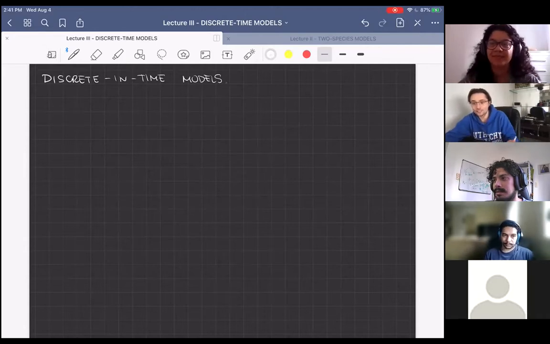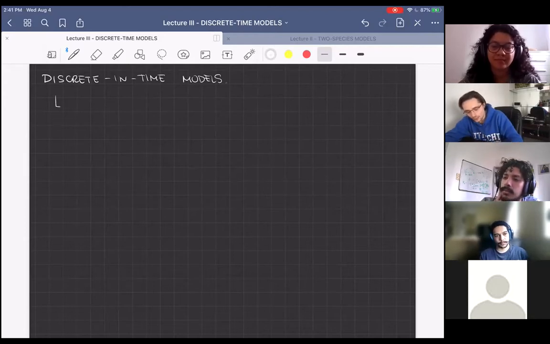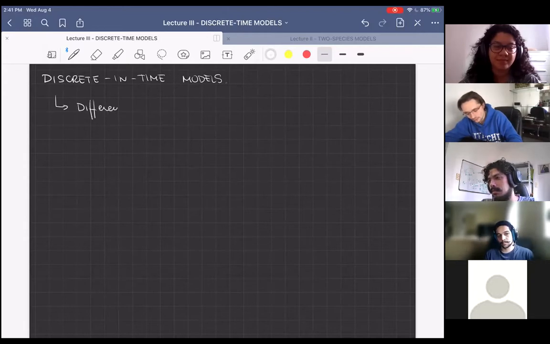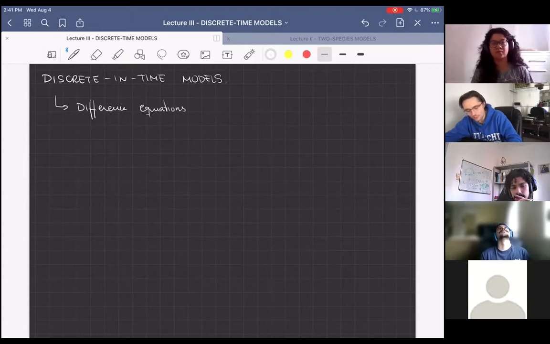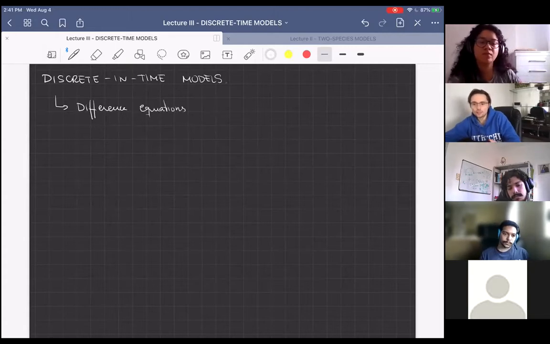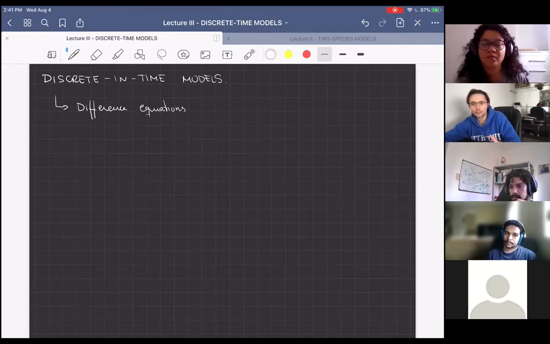Some insects don't. And in those cases, we describe the dynamics of these systems not with differential equations, but with difference equations. Basically, we are going to model the reproduction of these populations following an iteration process.